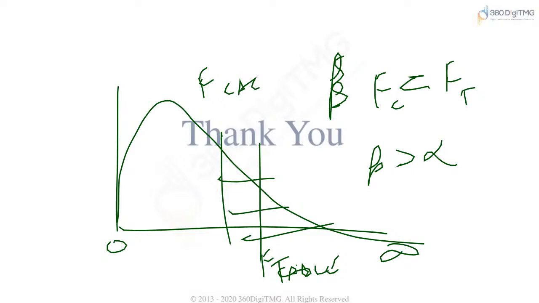We have a question here. What if it is equal? All right, F critical and F calculated are equal.